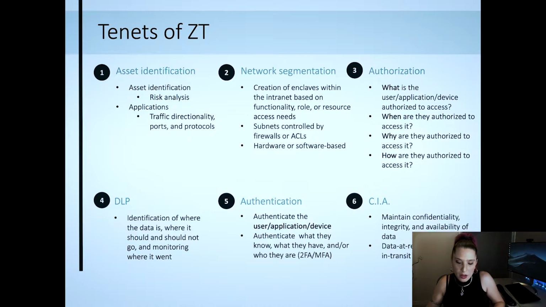You as a CISO, you as a security engineer charged with protecting the IT environment of the organization, you can't sufficiently protect that if you don't know what's running. If you want to implement ZT, especially when you're talking about network segmentation, you can't effectively do that if you don't know what applications are talking to each other and what systems are talking to each other. You must do asset identification as the first step.